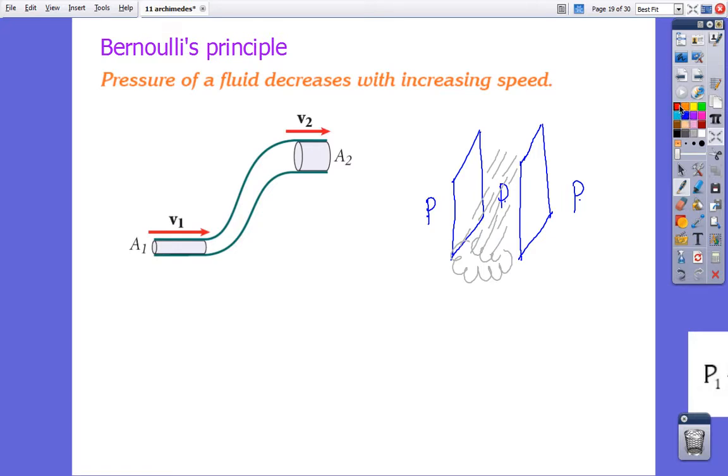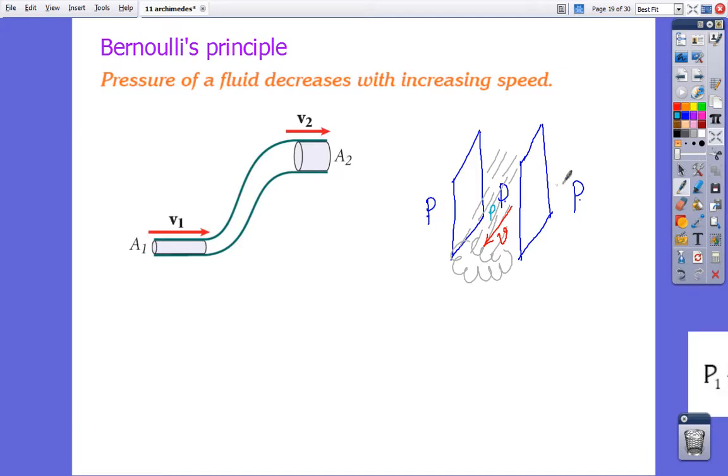So what actually happened? When the air is blowing in between the papers, the velocity of the air increases, so the pressure decreases.